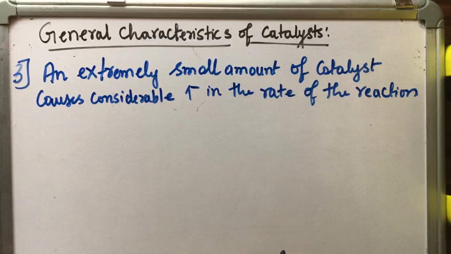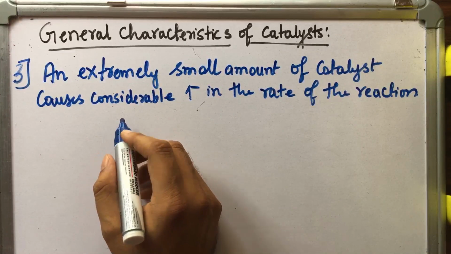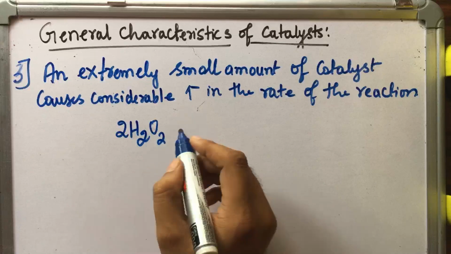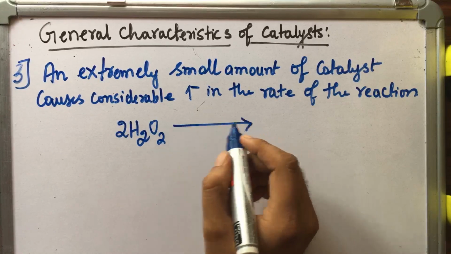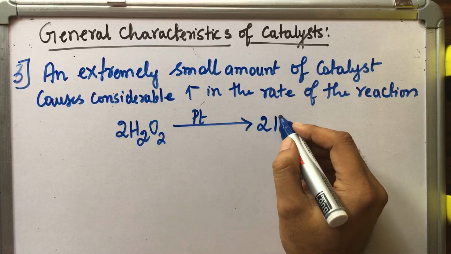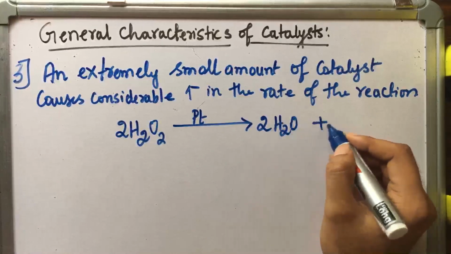Let me give an example. Hydrogen peroxide is decomposed, 2H2O2, in the presence of a very small amount of platinum as catalyst, to give 2H2O plus O2.